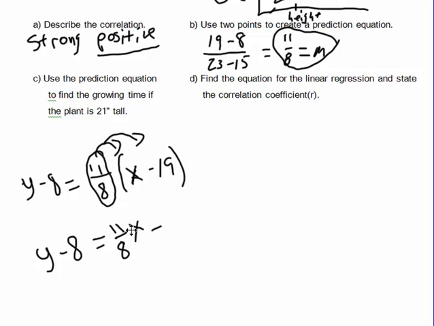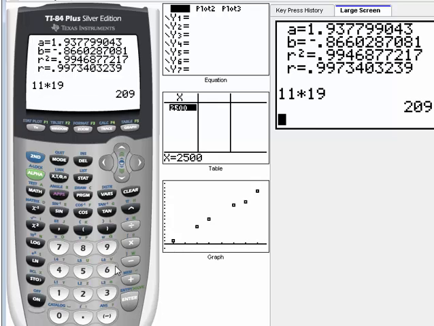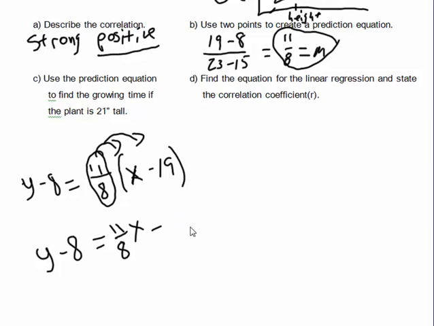Is that 201? I don't remember. Let's use a calculator. 11 times 19 is 209. Oh, need my pen. 209. That looks terrible.